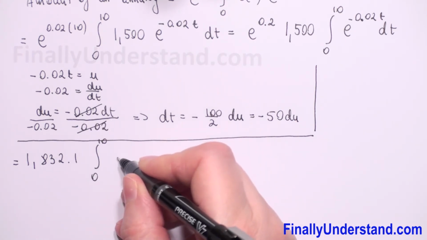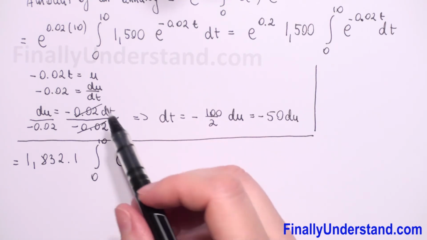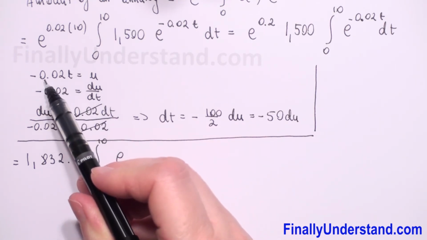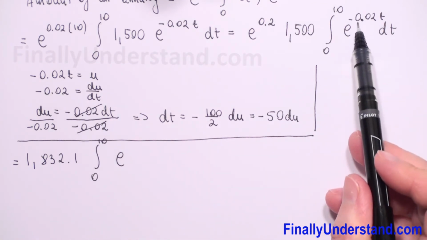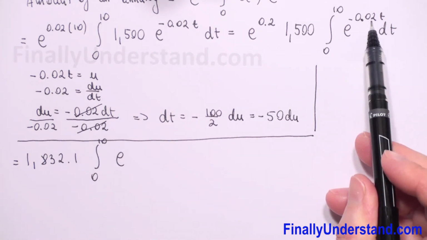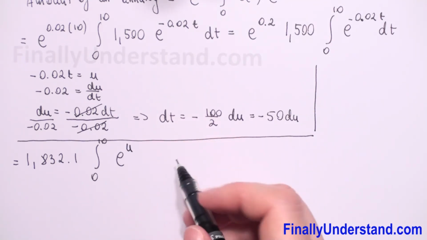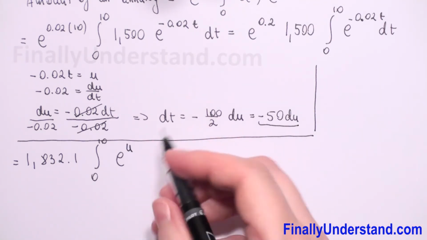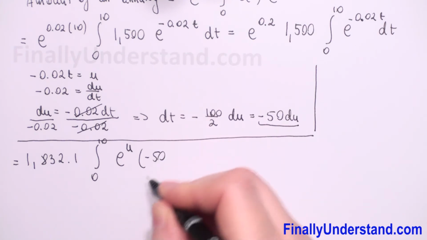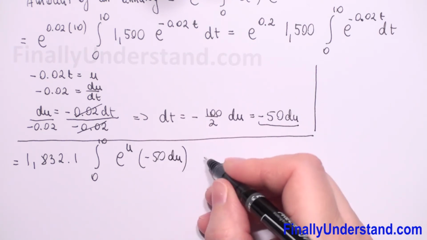We have the integral of e to the power, I substitute negative 0.02 t by u, so we have e to the power u, and dt is equal to negative 50 du.